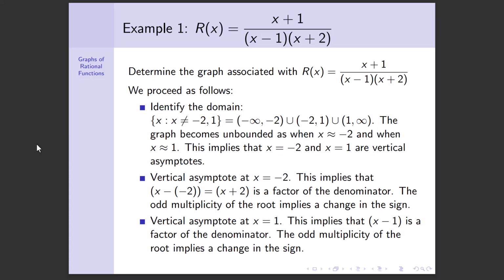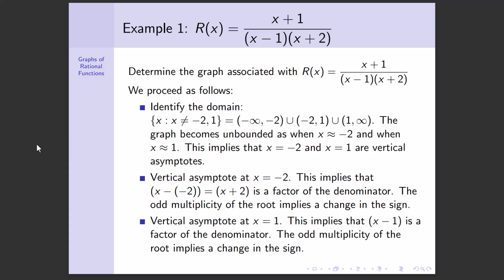So now when we look around x equal -2 and we look around x equal 1, the graph becomes unbounded. This implies that x equal -2 and x equal 1 are vertical asymptotes. Now, vertical asymptote at x equal -2 implies that x plus 2 is a factor of the denominator, which we see, and the odd multiplicity of the root implies a change in the sign.